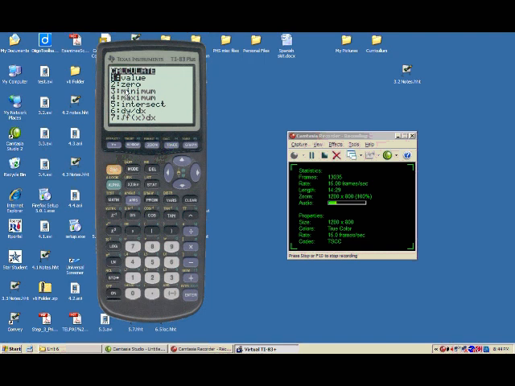I can do second trace, zero, or what's easier, and what we've practiced at least once this year, is to plug in 0 into y2, which will graph the line. We don't see it, but it's right on the x-axis, and second trace 5. I'm going to make sure that my cursor is closer to this one. I don't want it to find the first one. And so I can see that this ball is in the air exactly 4.645 seconds.